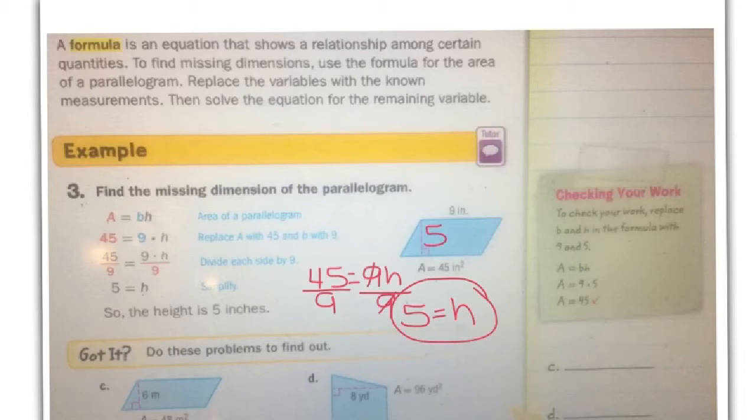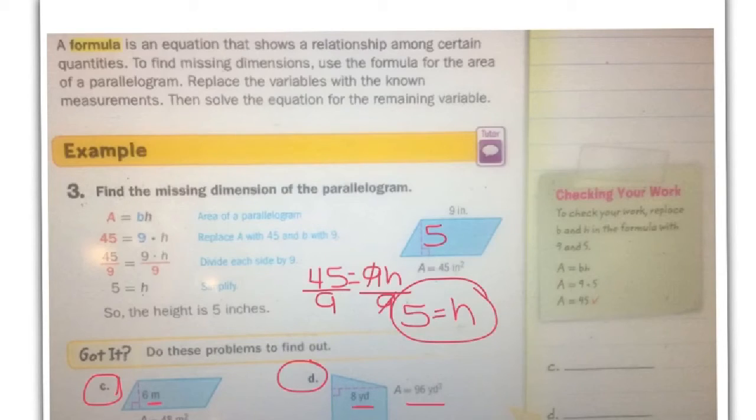Let's see if you can do C and D on your own. Okay, I'm going to help you get started, and then we'll have Porky come back and show us the answers. So our area is 48, and over here our area is 96. In this case, we're given the height for both of our parallelograms.